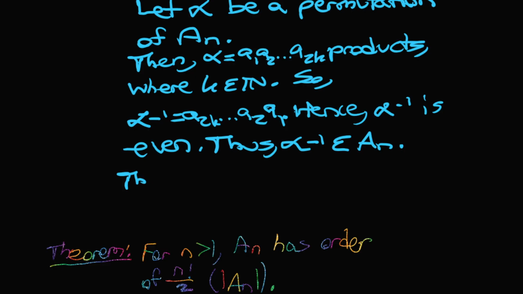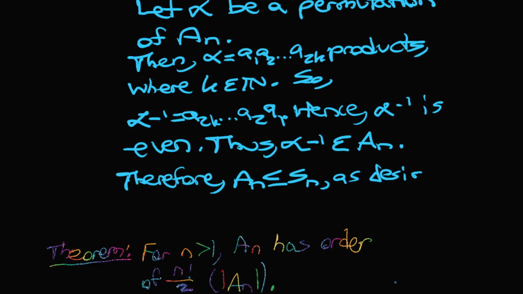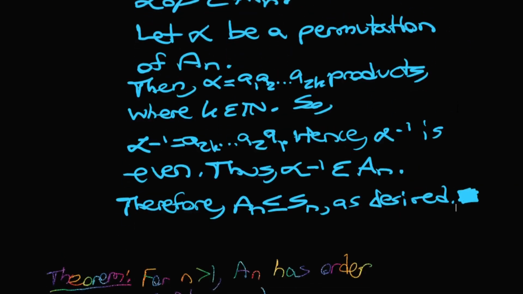So therefore, A of n is a subgroup of S of n as desired. Yep. So we just applied a two-step subgroup test, and we were able to prove that A of n was a subgroup of S of n.